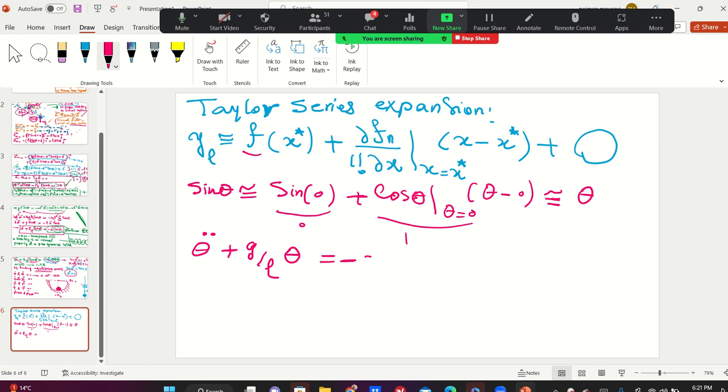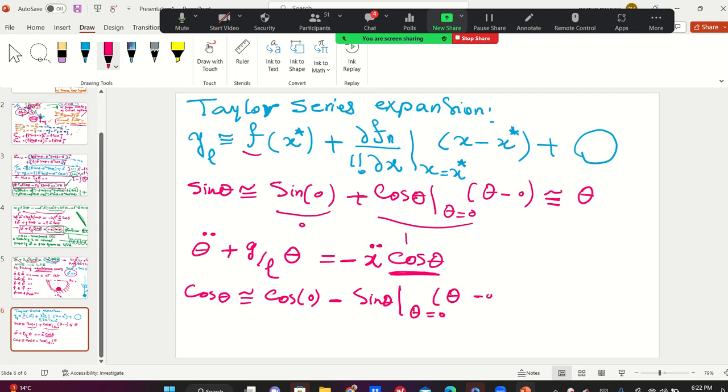Equal to minus x double dot cosine theta. But still, you have this cosine theta because I'm linearizing the whole equation. Based on the Taylor series expansion, cosine of theta can be approximated by cosine 0, minus sine of theta, because the derivative with respect to theta is minus sine of theta, at theta is 0, times theta minus 0.